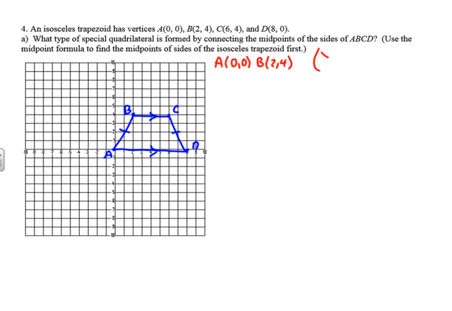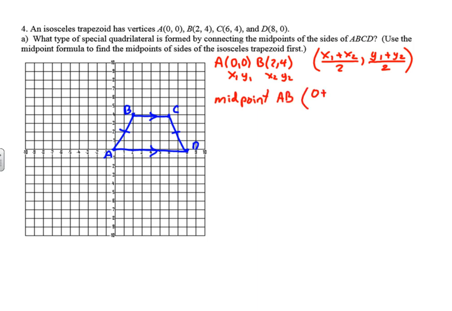Our midpoint formula is x1 plus x2 divided by 2, comma, y1 plus y2 divided by 2. You have to add and divide by 2. So the midpoint of AB is 0 plus 2 divided by 2, comma, 0 plus 4 divided by 2, which equals 1, 2.